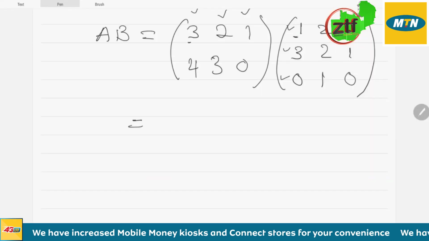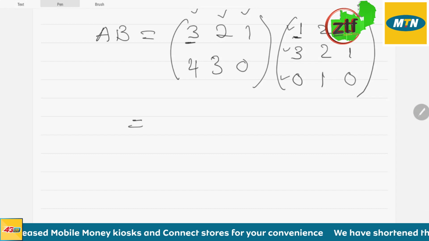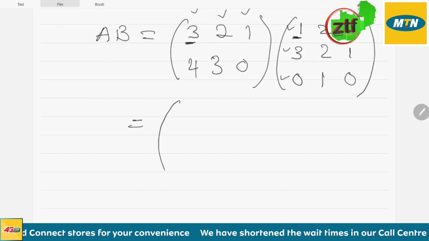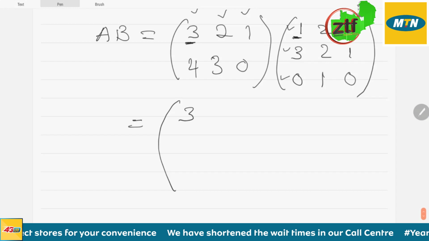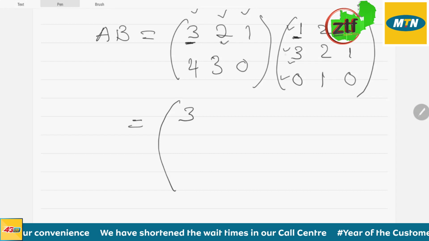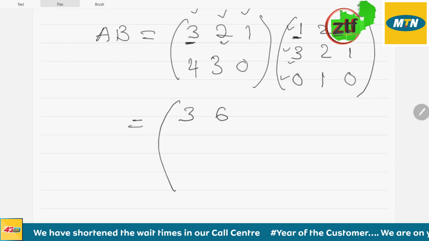So we have A multiplied by B. The first term in matrix A will be multiplied by the first term in matrix B. So 3 multiplied by 1, I will get positive 3. Then 2 will be multiplied by positive 3. So 2 times 3, I will get 6. Sorry.